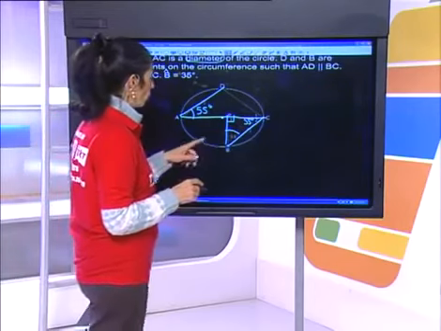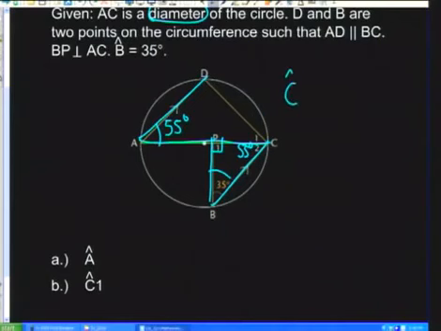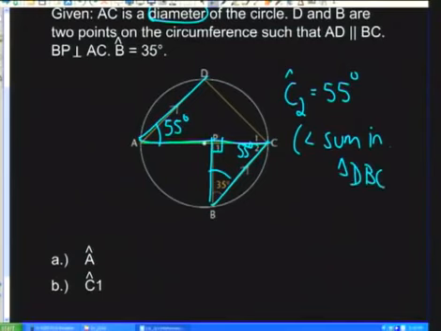So we're now going to have to set this up and say, well, C2 I know is 55 degrees because I have an angle sum, and there are two triangles in this picture, so we need to label angle sum in triangle DBC. Then we've got the special relationship of the alternate angles.